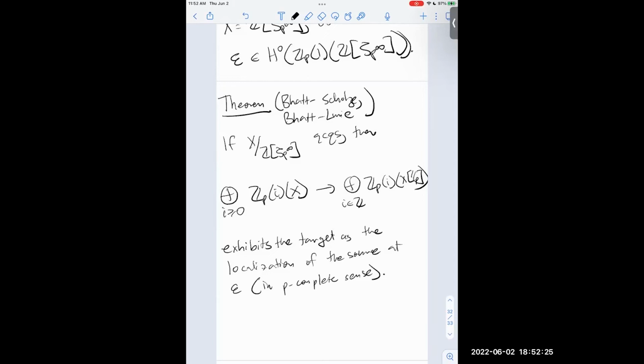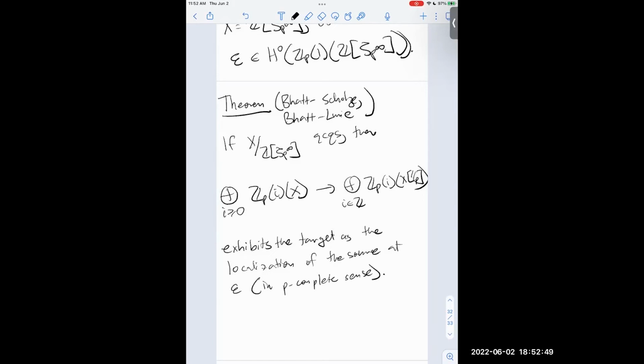Yeah, and so this ends up being equivalent to the form, for example, in the Bhatt-Scholze article, because when you take the syntomic homology of X and invert epsilon, this corresponds to, again in the p-complete sense, taking the prismatic homology of X, inverting the prismatic ideal, and taking the Frobenius fixed points.